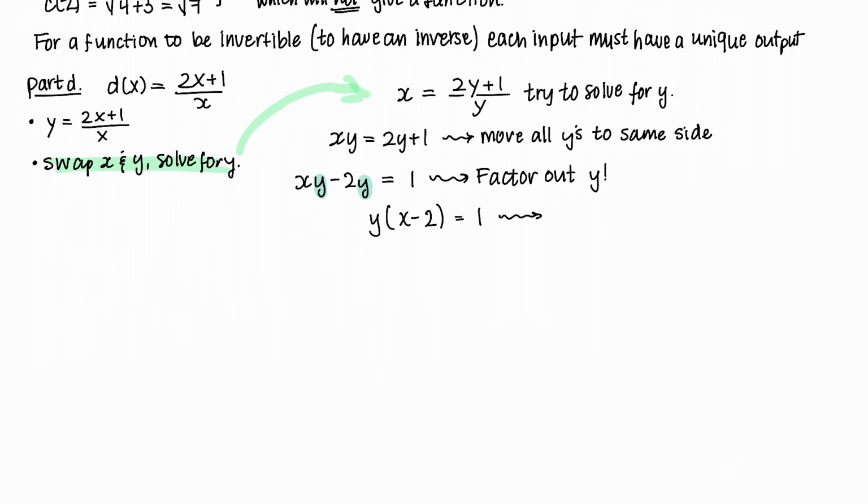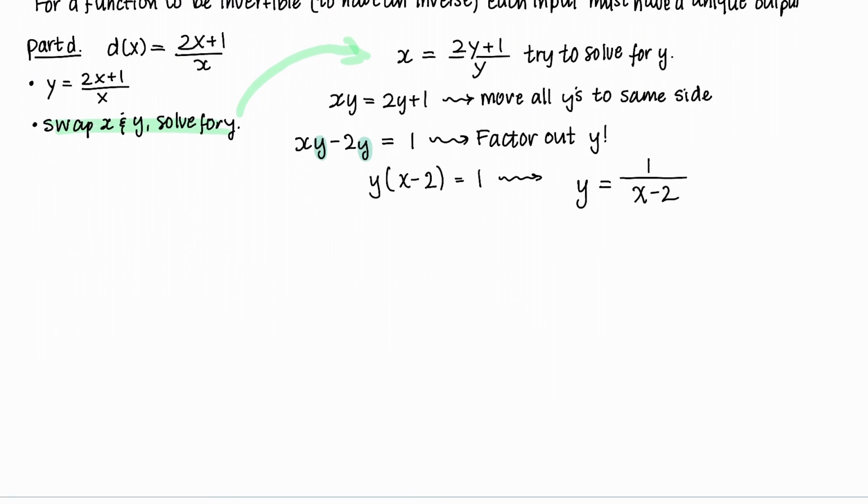To solve for y, I'll divide both sides by x minus 2. So y is equal to 1 over x minus 2. So that d inverse of x is 1 over x minus 2, and that's our answer for the inverse.